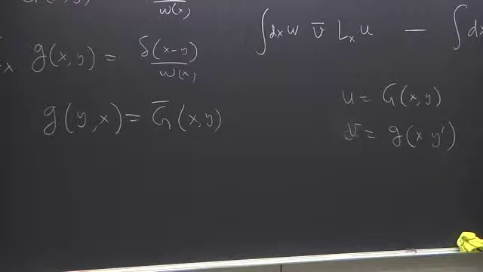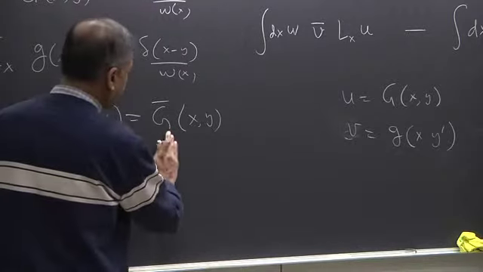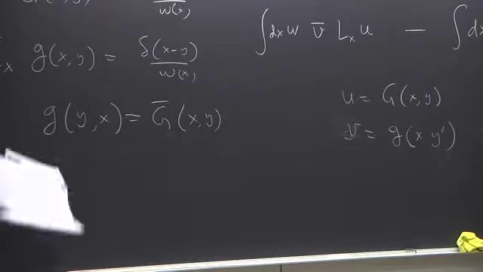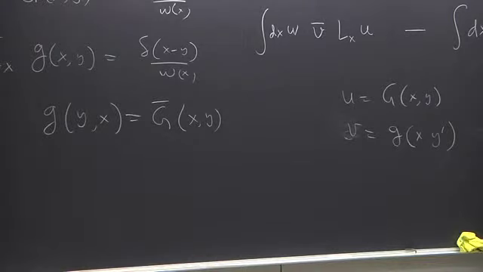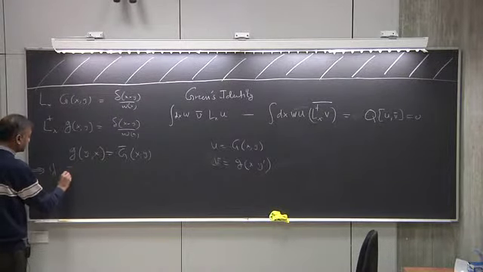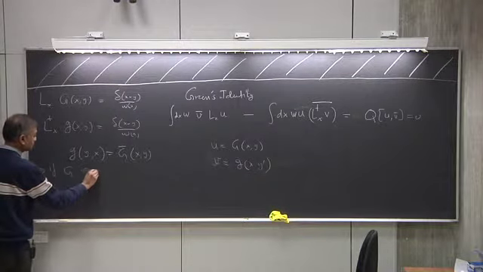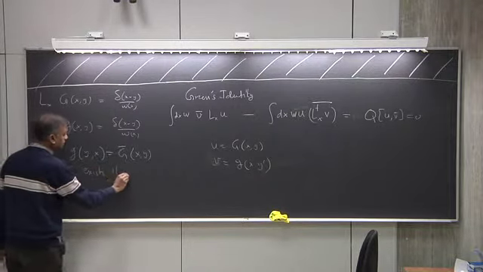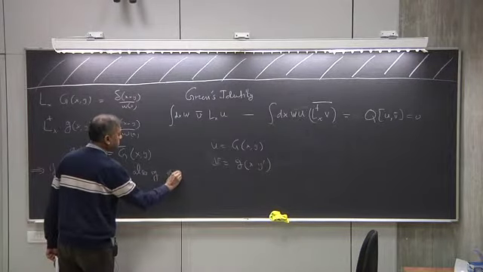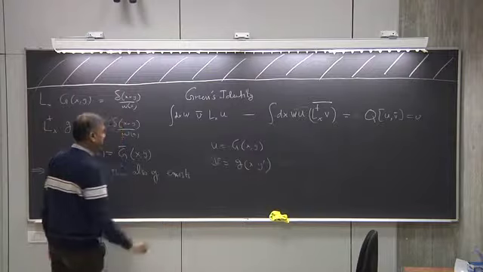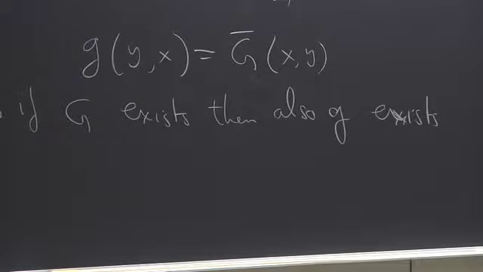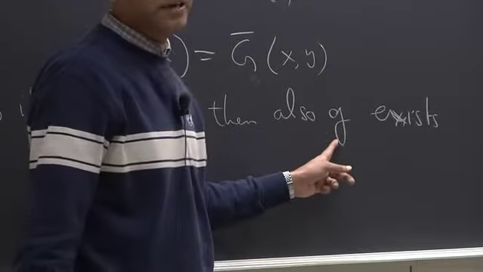What it says is that if capital G exists, then small g also exists, because we have an explicit expression for small g. In fact, it also shows that if capital G exists, little g also exists and should be unique.